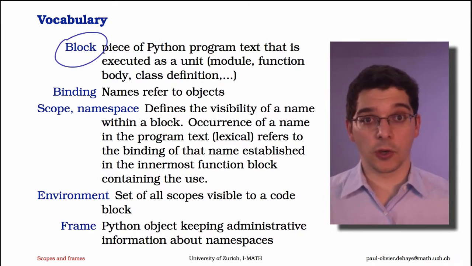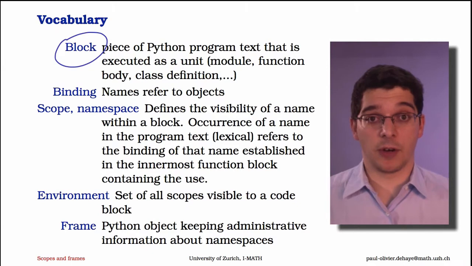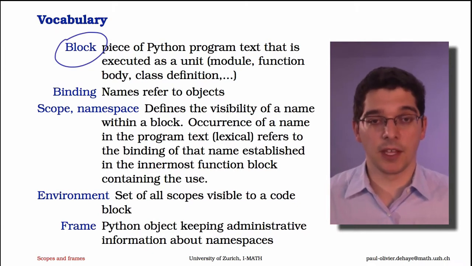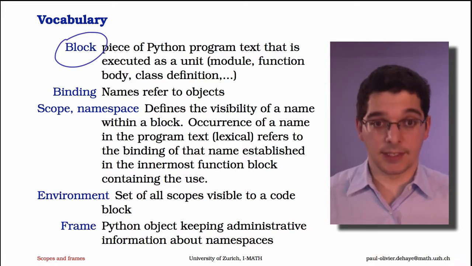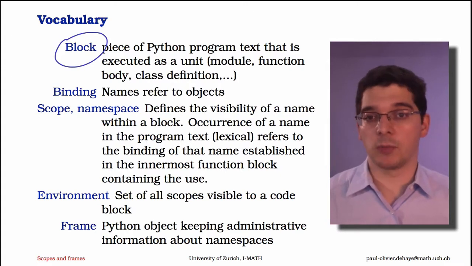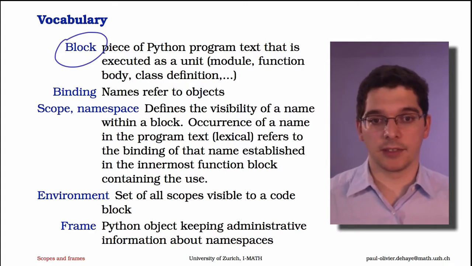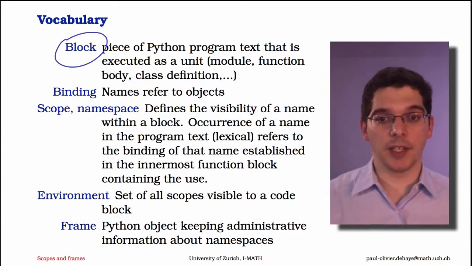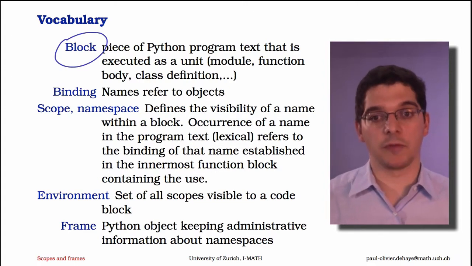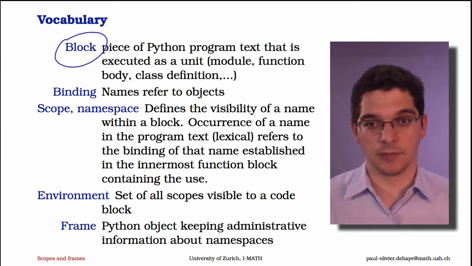So for an occurrence of a name in the program text, if you just look at the text and you see a certain name, it will refer to the binding of that same name to an object in memory. But which binding? There might be more than one binding tying the same string to an object in memory. So it will actually refer to the binding established, this is complicated, in the innermost function block containing the use.